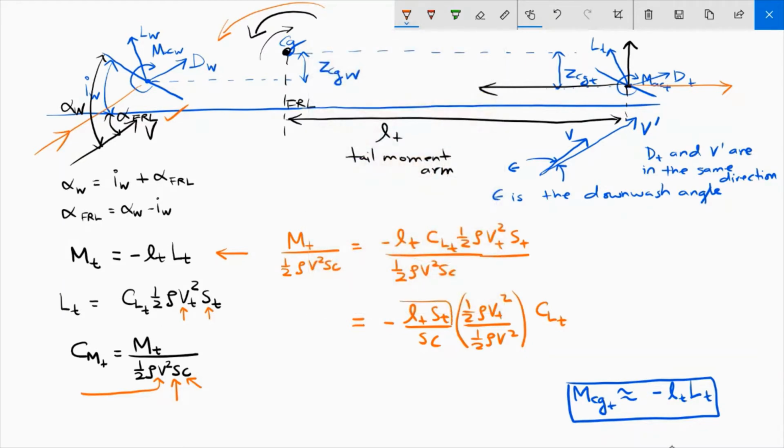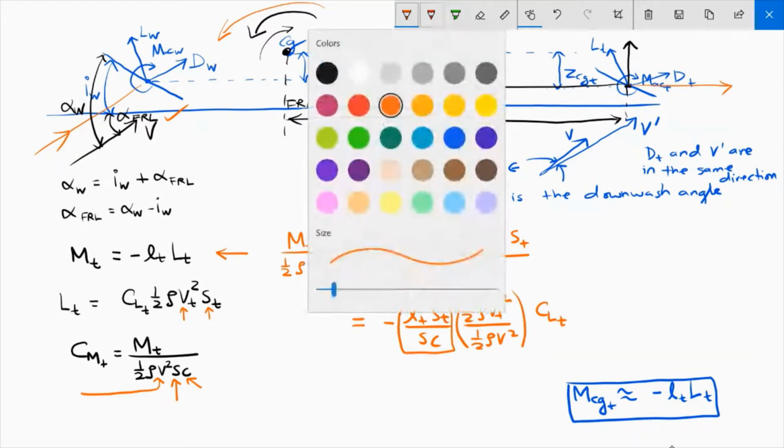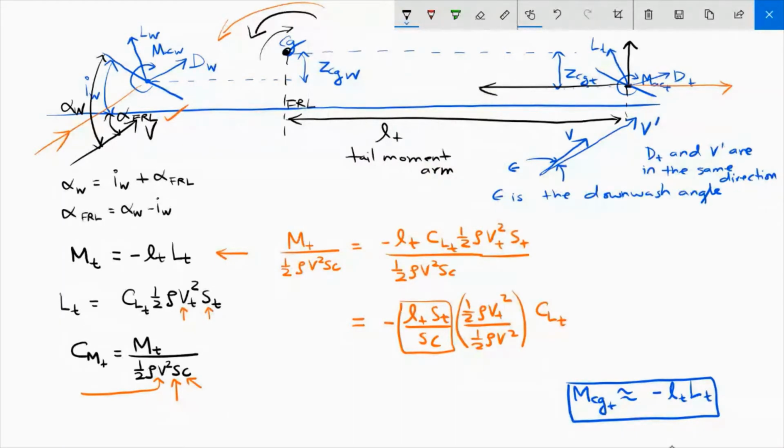So this ratio, LT multiplied by ST divided by SC, this is called the horizontal tail volume ratio.